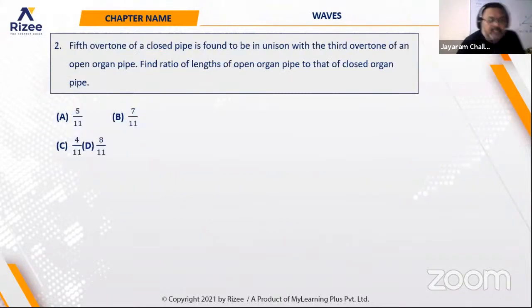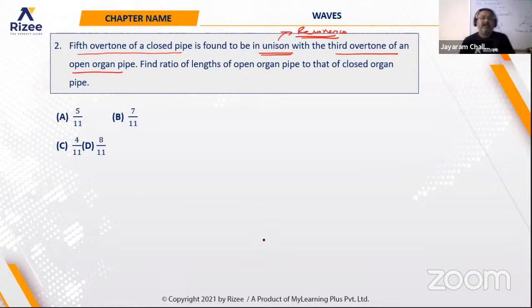Now coming down to the next one. The fifth overtone of a closed pipe is to be in unison with the third overtone of an open organ pipe. Unison means resonance. Resonance means the frequency is the same. What do you mean by the fifth overtone of the closed pipe?